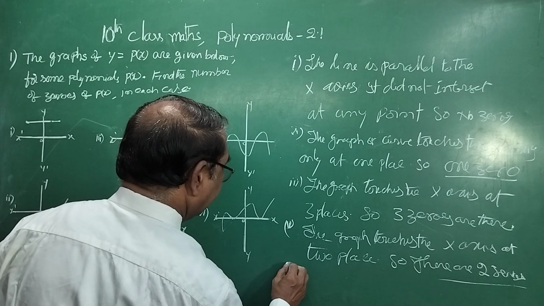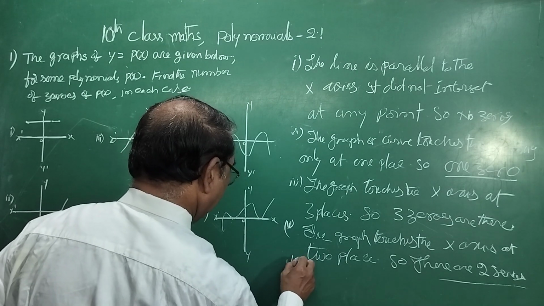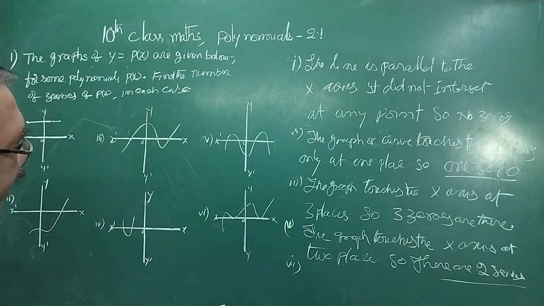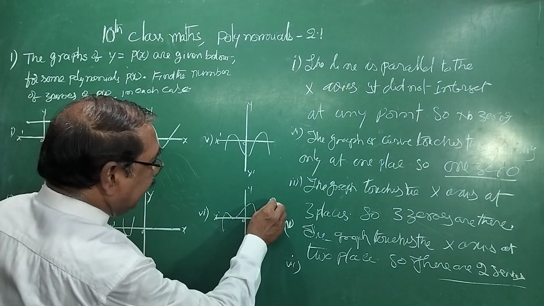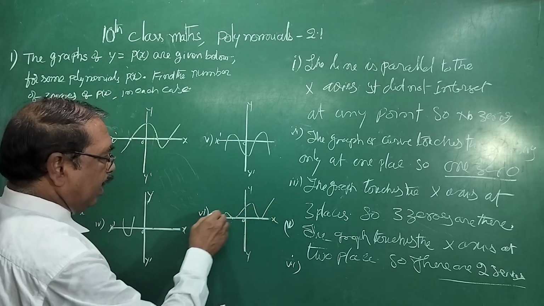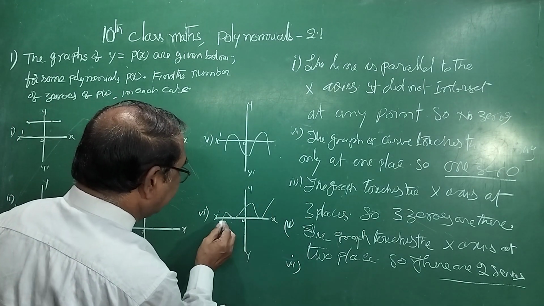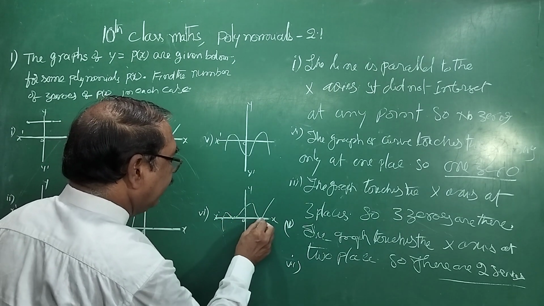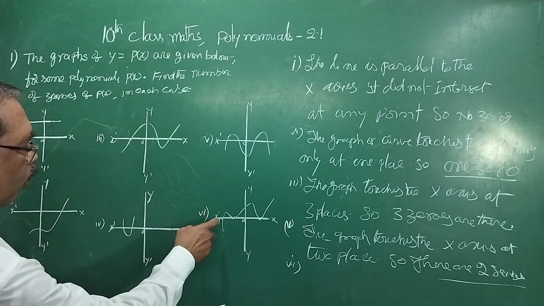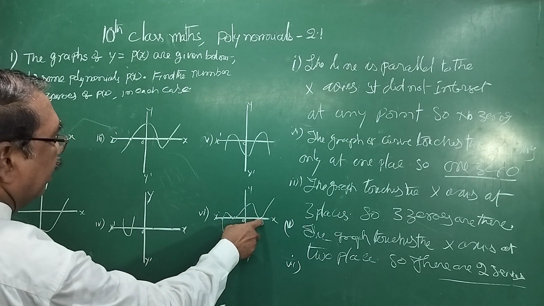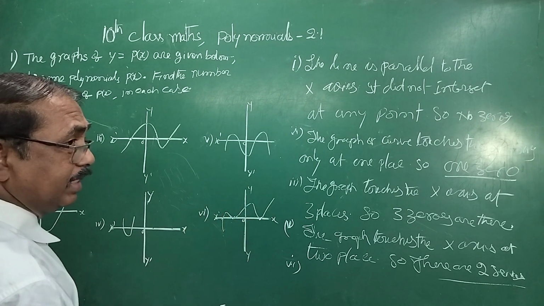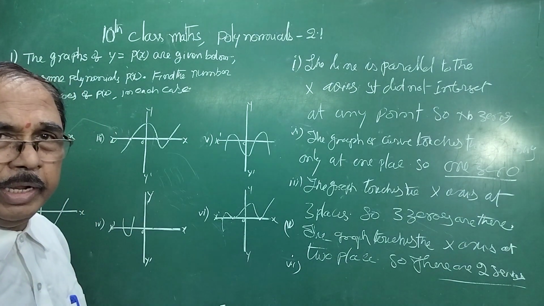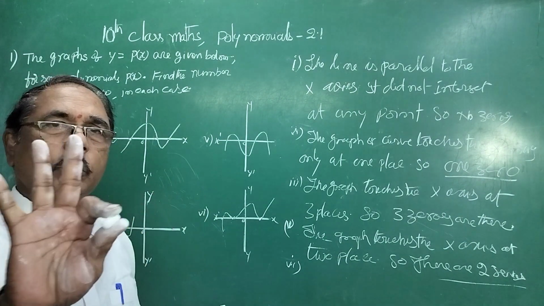Same, you see, the fifth one is over; now the sixth one. How many zeros are there? At how many places does this graph touch? 1 place, 2 places and 3. But we should not take into account the y-axis. Only the x-axis is to be taken into account while finding the zeros.